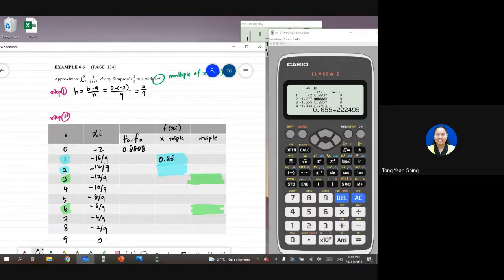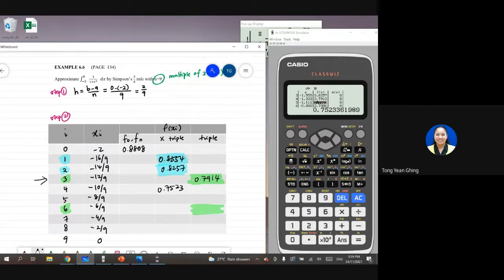The next one is 0.8257, and then the next one is F3. F3 is a multiple of 3, so I will put it in the green column here: 0.7914.